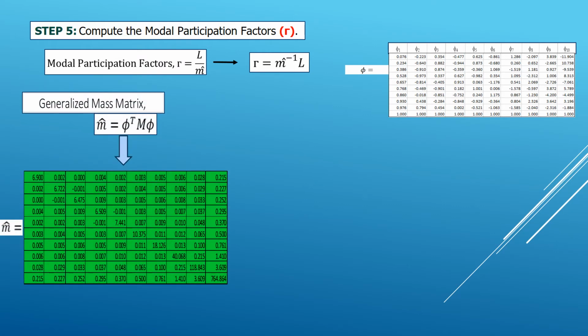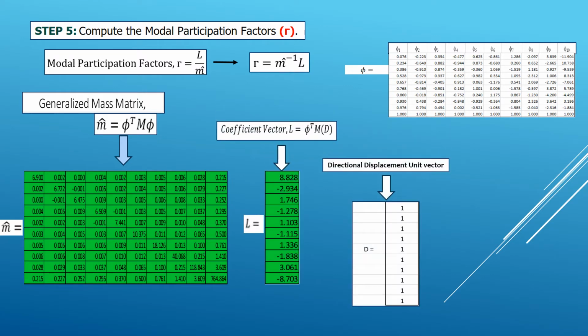To determine the generalized mass matrix, it is the formula. Generalized mass matrix equals to transpose eigenvector multiply to mass matrix, then multiply to eigenvector. Sa pag-transpose, yung row is magiging column. Yung column is magiging row. Using Excel, ito na yung magiging result niya.